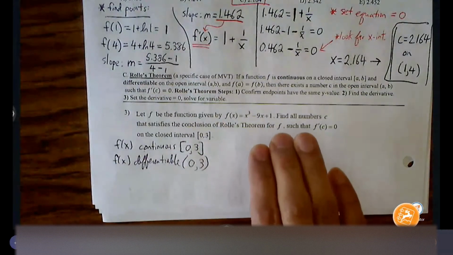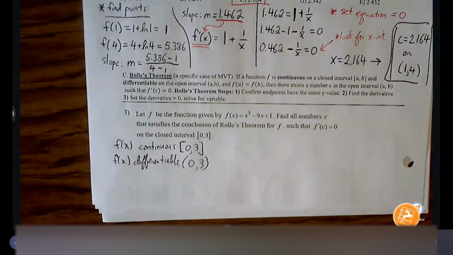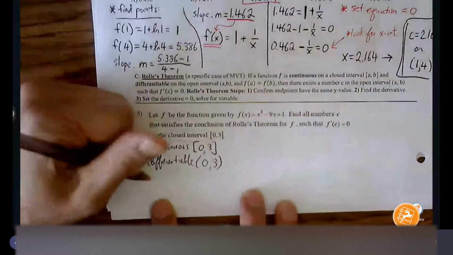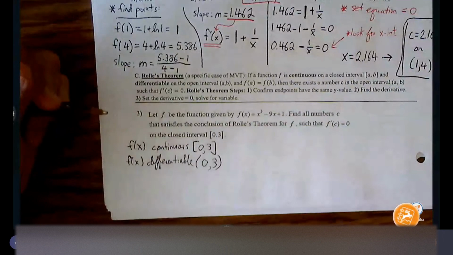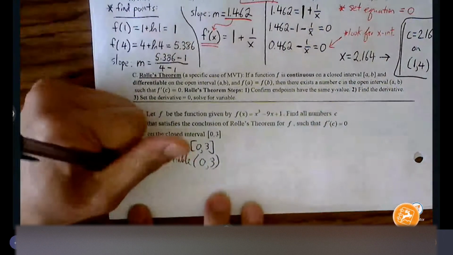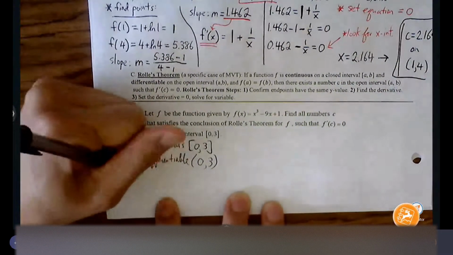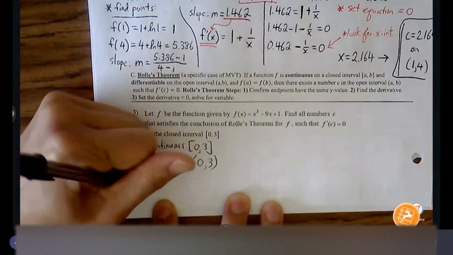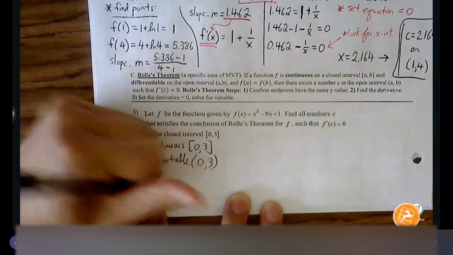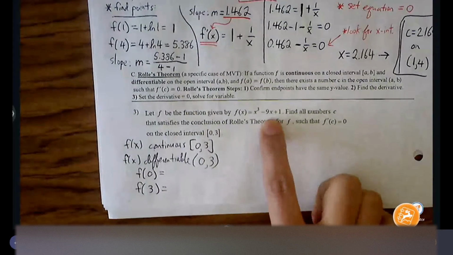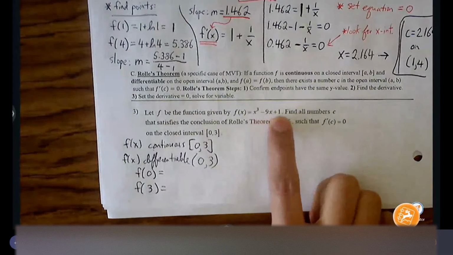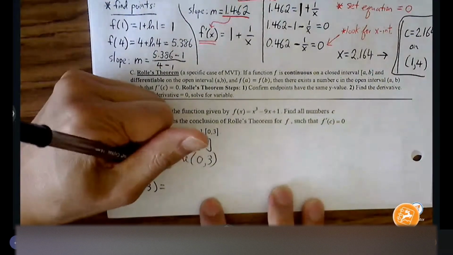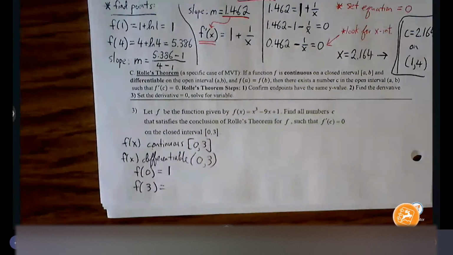So we have to worry about the endpoints, right? The endpoints have to be very specifically the same. Otherwise, Rolle's theorem doesn't apply. I mean, mean value theorem will still apply, but just not Rolle's theorem. So we take our endpoints, put them into the original function, and see if they give us the same locations. All right, so f of 0 into the original function, I get 0 minus 0 plus 1, which is just 1.